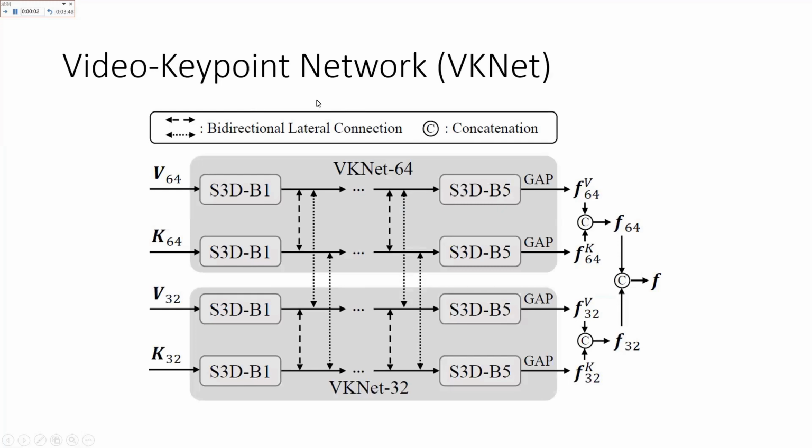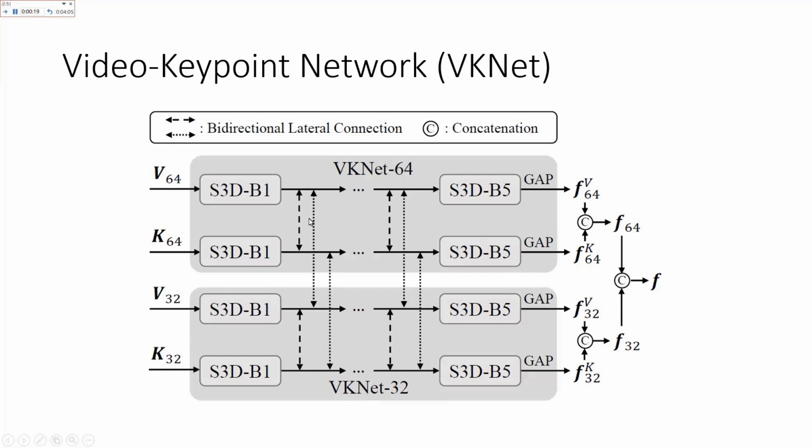Here is an illustration of our backbone network, VKNet. It consists of two subnetworks, VKNet-64 and VKNet-32, taking video keypoint pairs with different lengths as inputs.